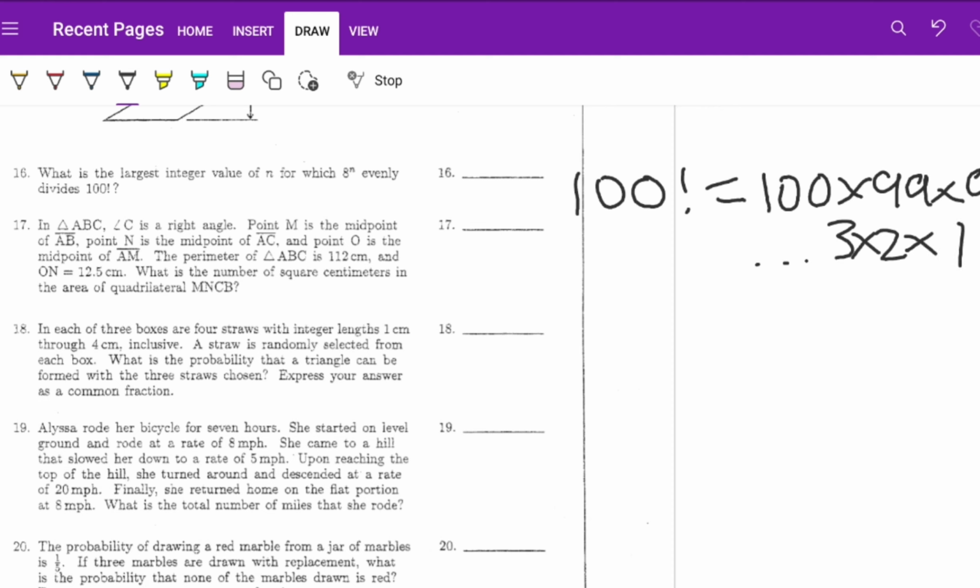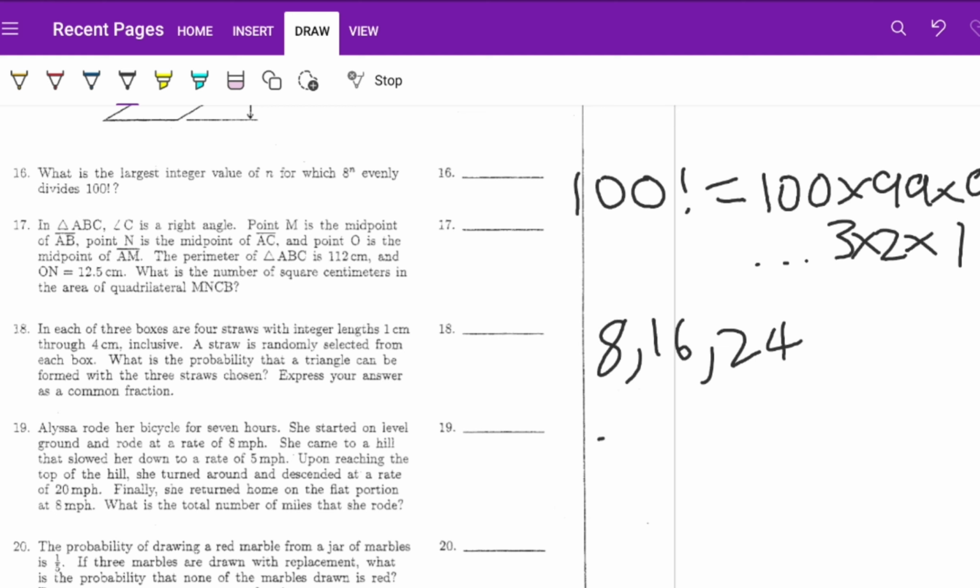And we're asked to find the largest integer value of n for which 8 to the nth power evenly divides 100 factorial. So we're asked to find how many times we can divide 100 factorial by 8 and get an integer result. First of all, we can see that 8, 16, 24 are all divisible by 8.